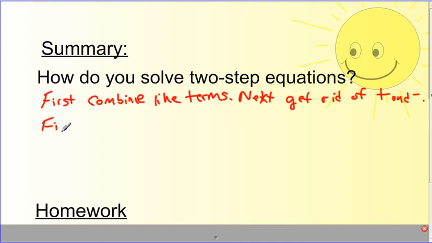Finally, get rid of multiplies and divides. Look at us using our transition words.